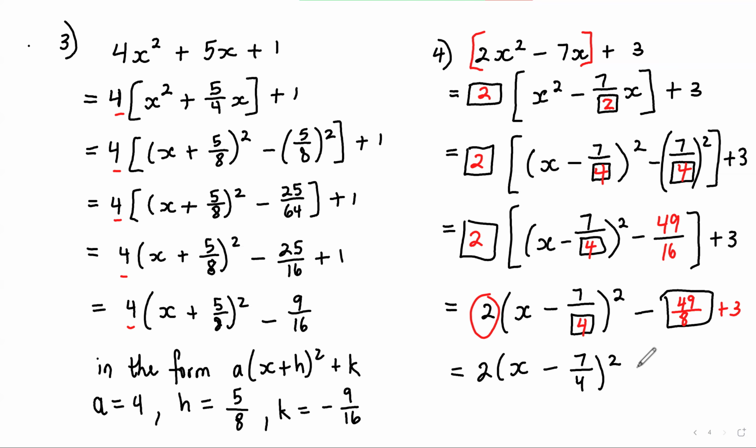And then you check what is 3 take away 49 over 8, or negative 49 over 8 plus 3, however you want to interpret it. I prefer to say 3 take away 49 over 8. So that will give me minus 3 and 1 over 8. Copy it down if you didn't have it, and we're going to do another one.